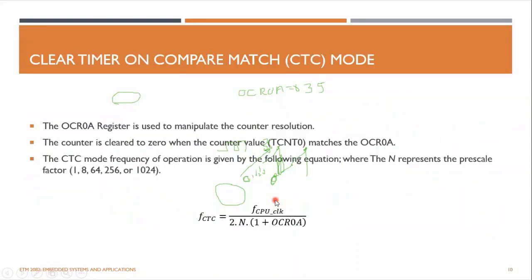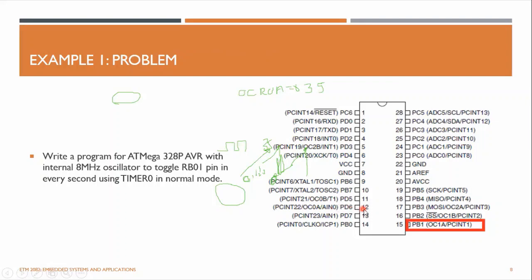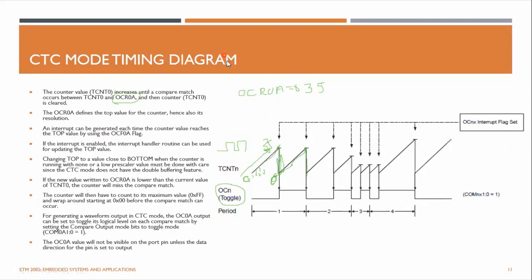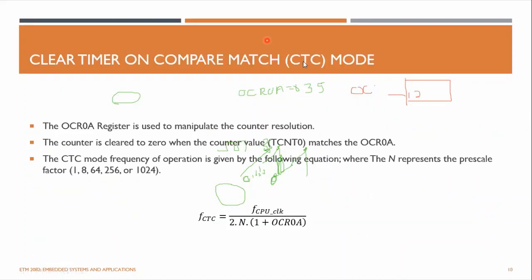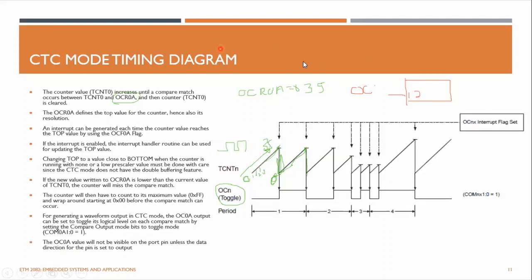The OC0A pin, this one, pin number 12. So initially OC0A is 0.